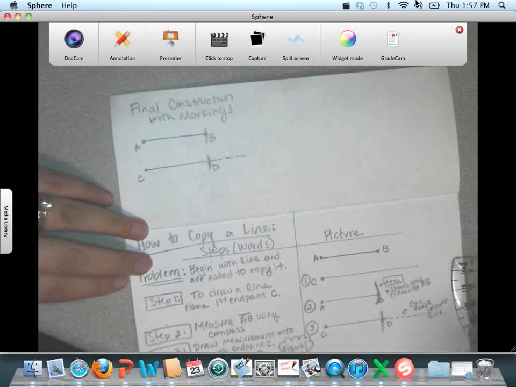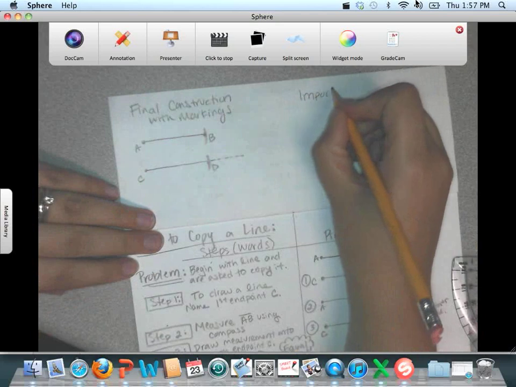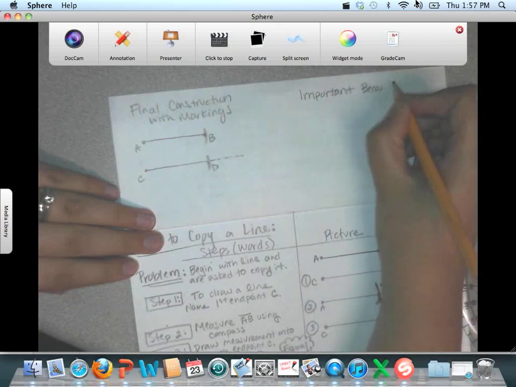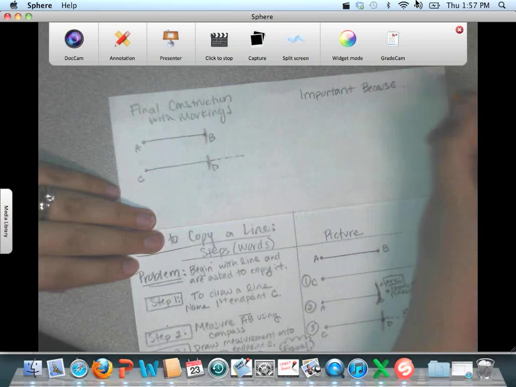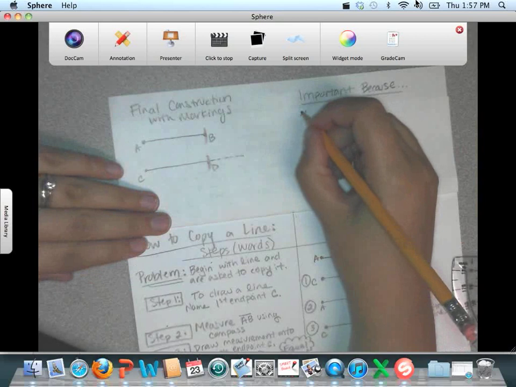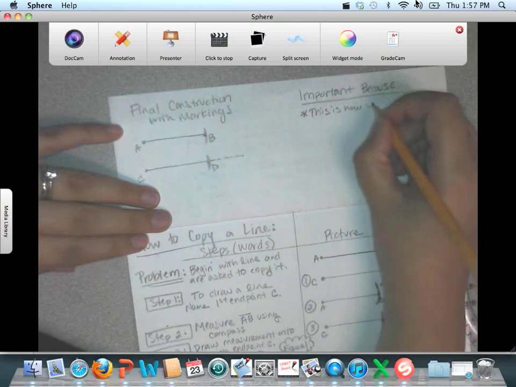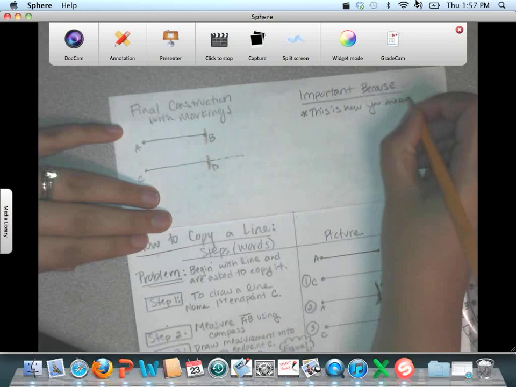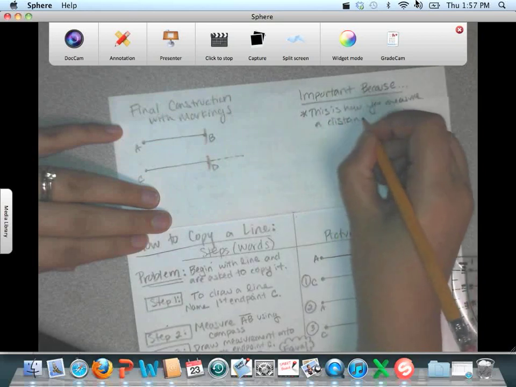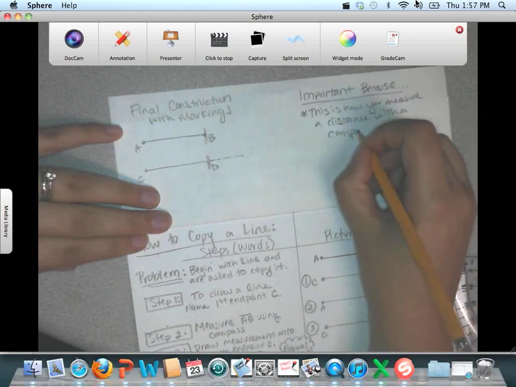Now remember, this is important, because this is how you measure a distance with a compass.